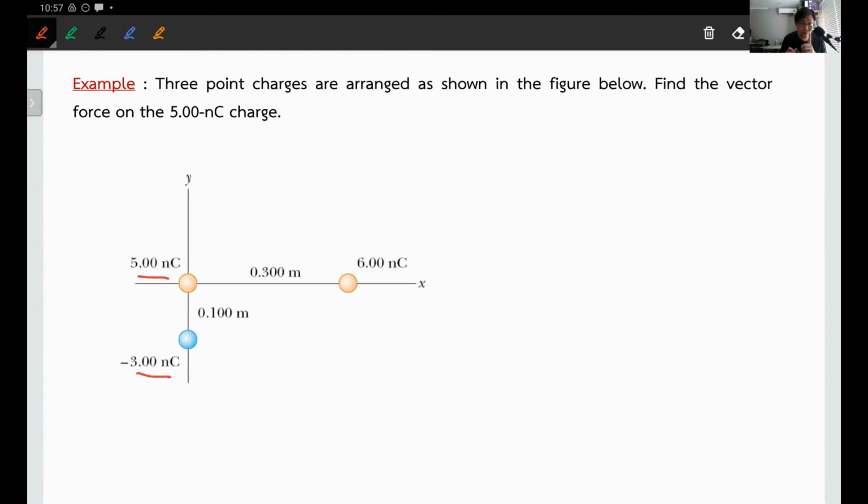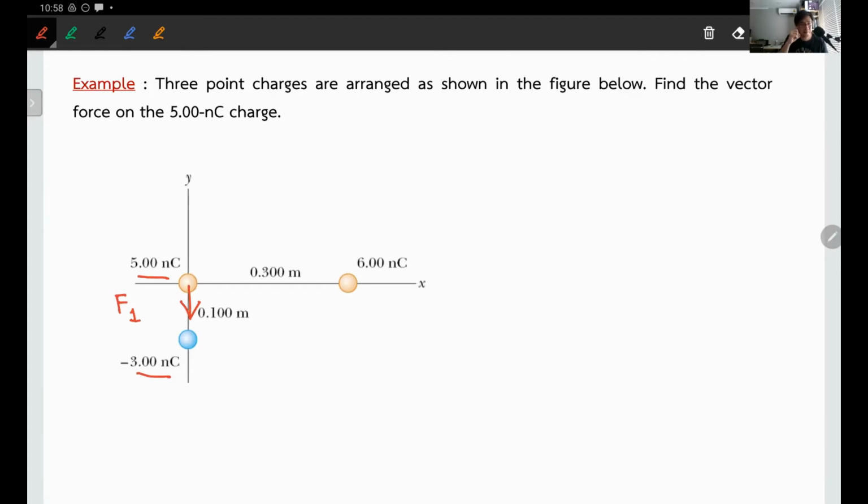Because we're focusing on the 5 nanocoulomb, it's going to get dragged towards the negative 3. It's going to be the pull. Okay, let me name this force F1 right here.